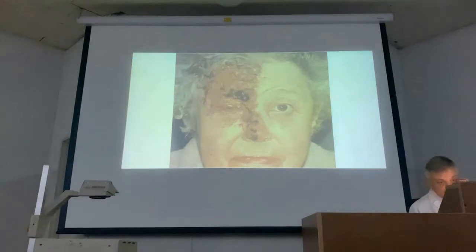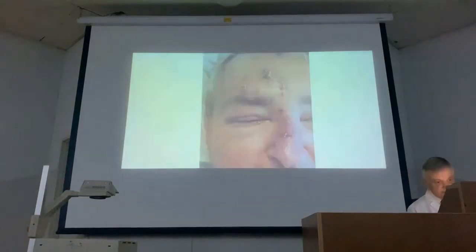Here is an old lady with a disease called Herpes Zoster. This virus has entered the ophthalmic division of the trigeminal, and you can see that the ophthalmic supplies the forehead, the upper eyelid, not the lower eyelid, and then the nose down to the tip.